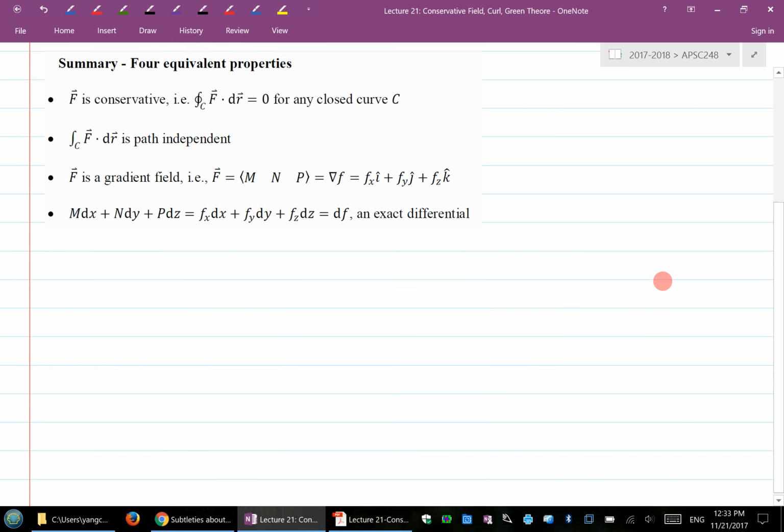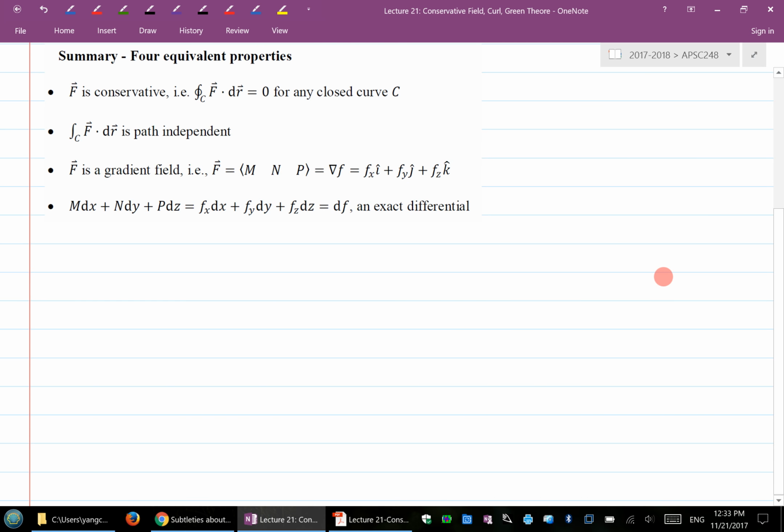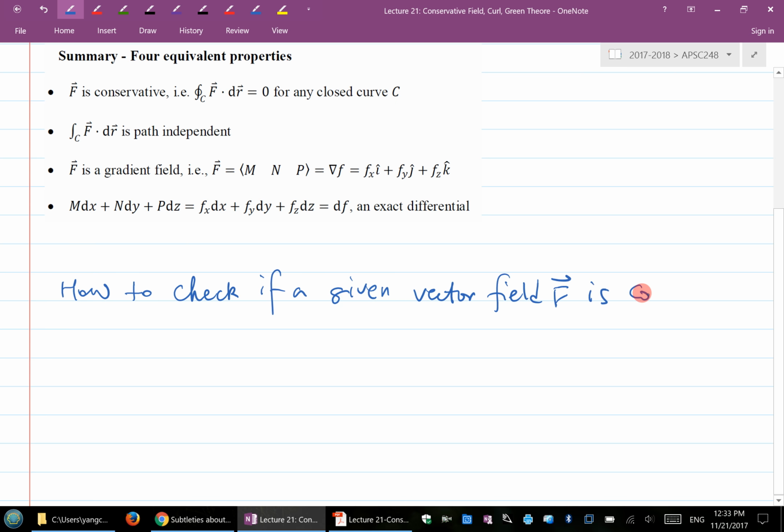Okay. So the question we ask here is: how do we check if a given vector field F is conservative or not?